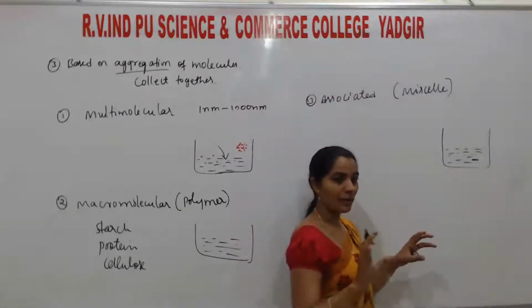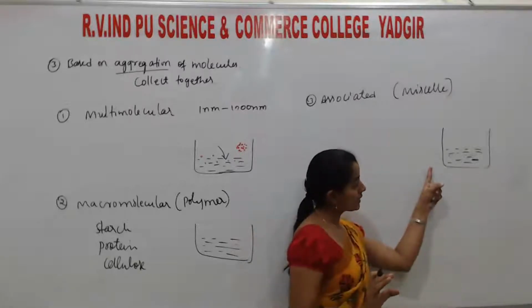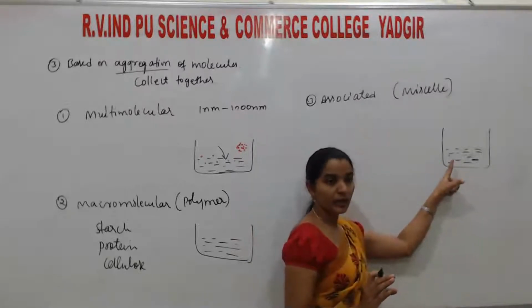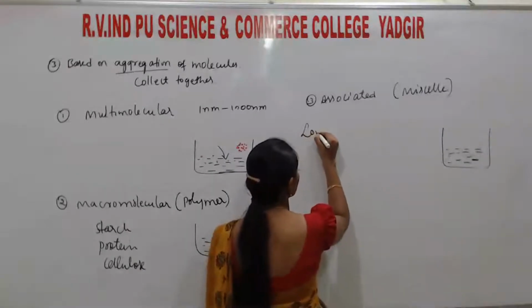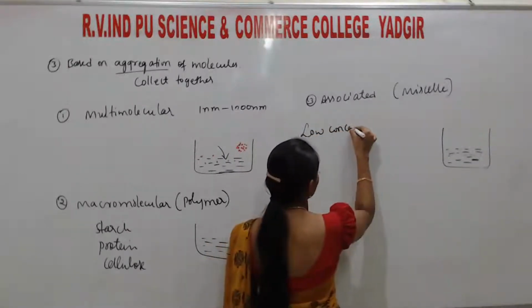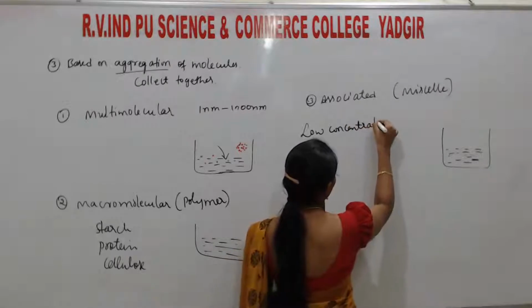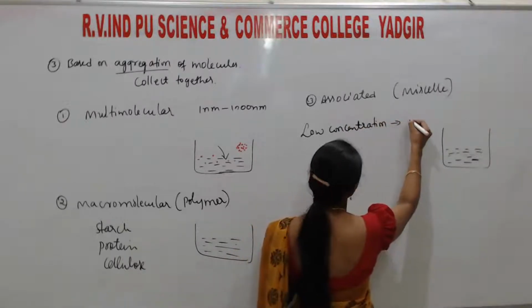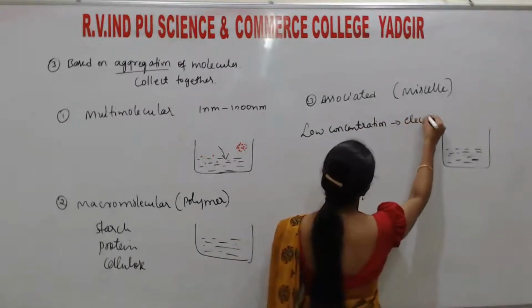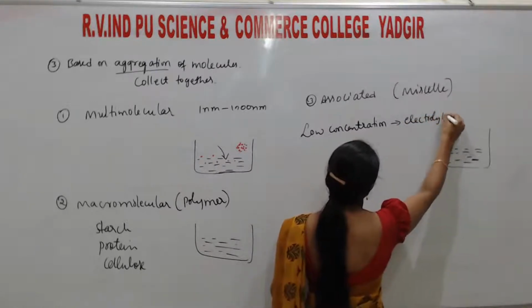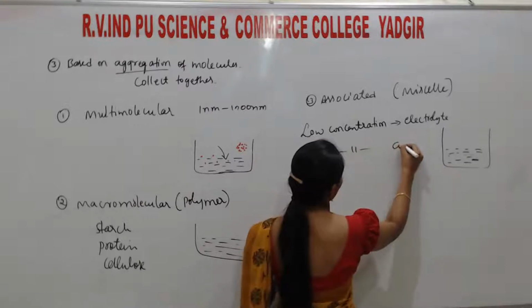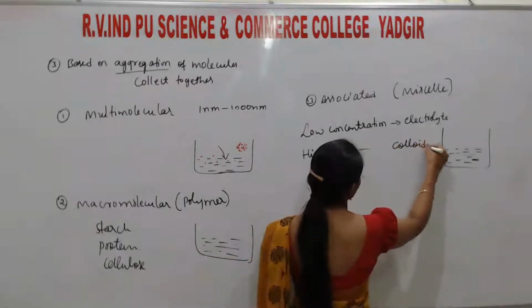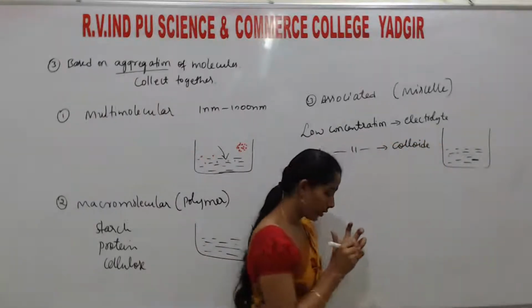For example, if NaCl is dissolved in water, it forms Na plus and Cl minus. At low concentration, it becomes an electrolyte. At high concentration, it becomes a colloid. How? Just take an example.